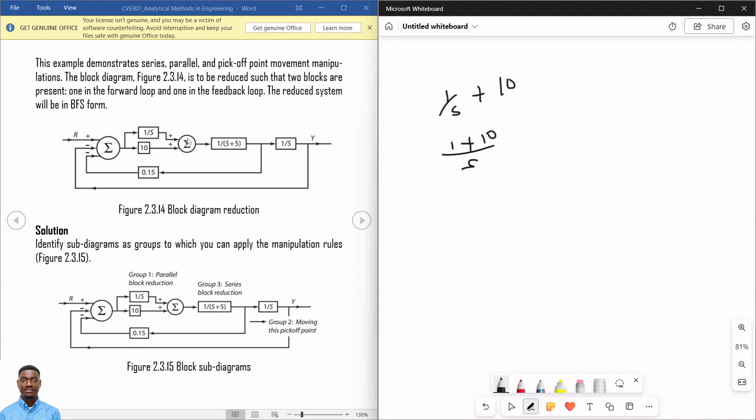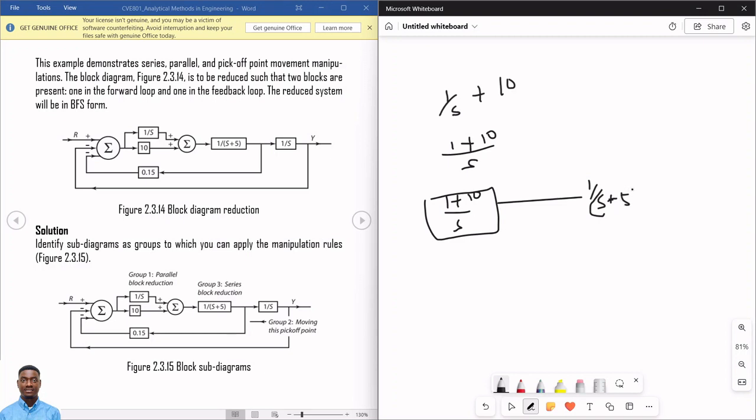So what we're going to be having will now be 1 plus 10 over S as a block going directly into this 1 over S plus 5.